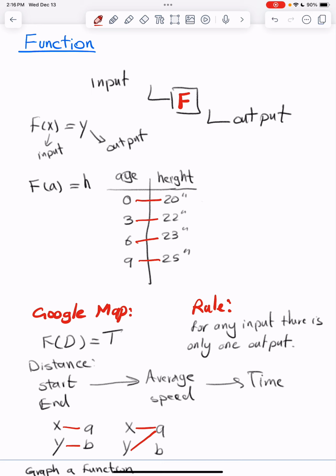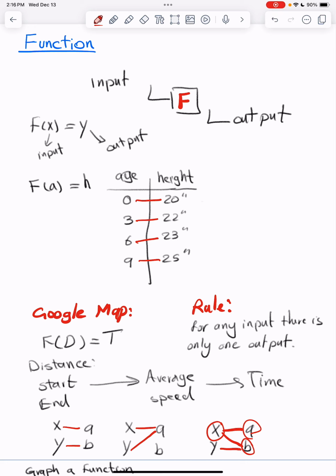X and y both have the same output, which is a, but still, for any input, there's only one output. Now let's look at this last one. How about this one? This is not a function because for the input x, we have two different values of output. So this does not represent a function.